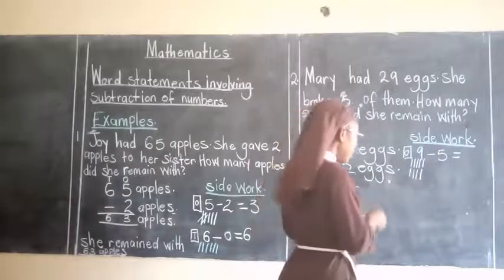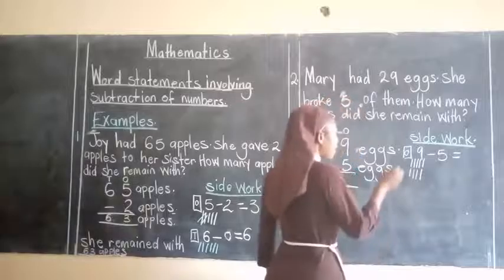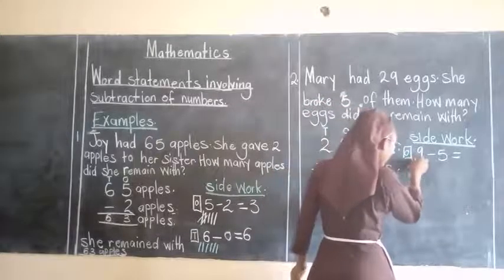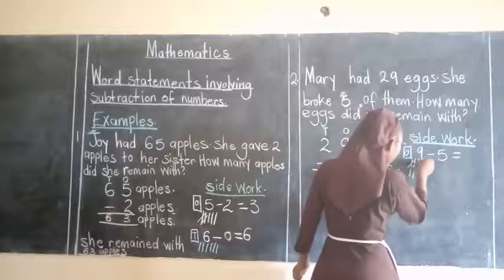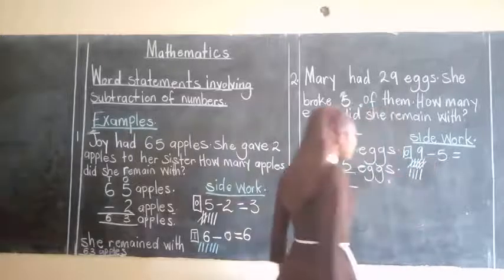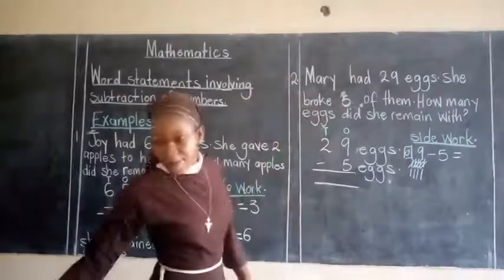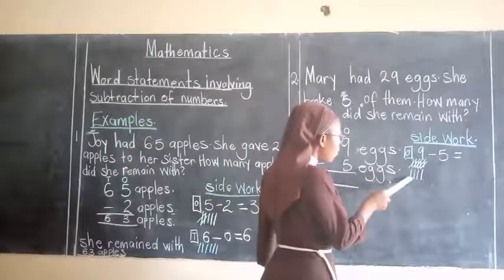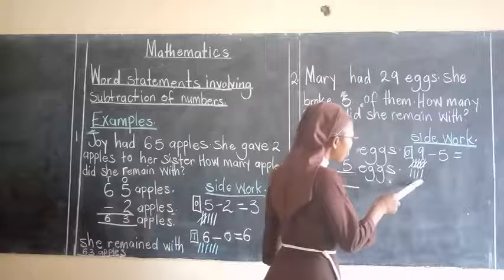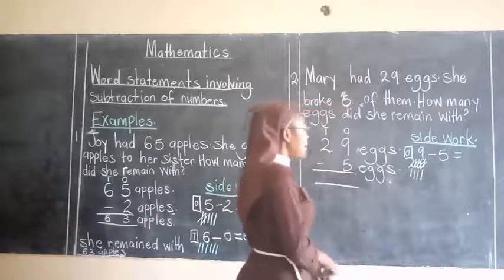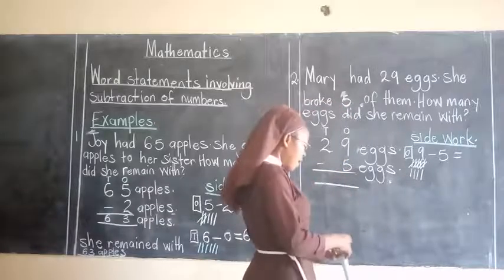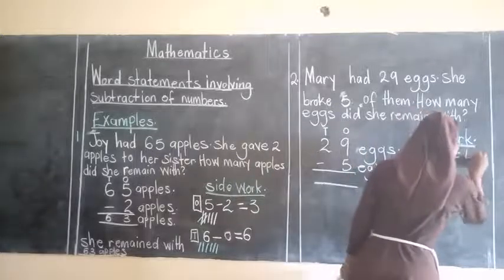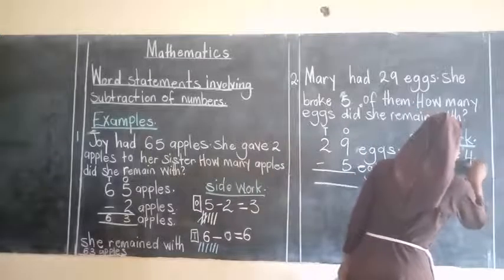From the 9, we are supposed to take away 5, meaning we are going to cross out the 5. Let's count 1, 2, 3, 4, 5. We have crossed out the 5. How many have we remained with? Let's count. 1, 2, 3, 4. 9 take away 5, we shall have our answer as 4. Very good. We write our answer there as 4.